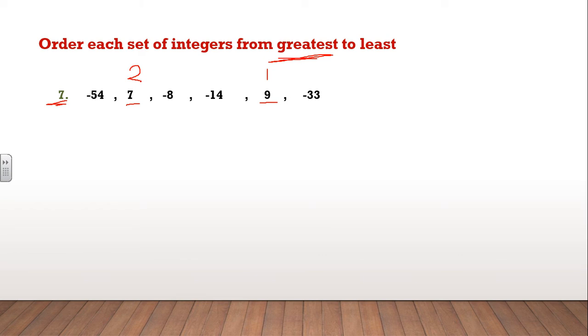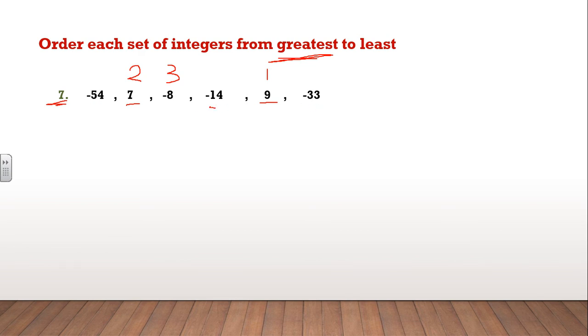Okay, let's focus on the negative numbers. We know that the smallest negative number is the big one. So here it's negative 54, negative 8, negative 14, and negative 33. So negative 8 will be the biggest one. It will be number 3. And now we have negative 54, negative 14, and negative 33.